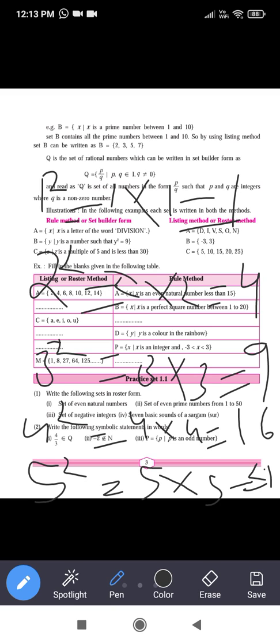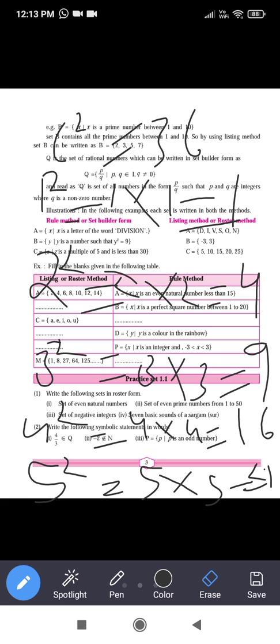Square of 6 is equal to 36. So 1, 4, 9, 16, 25 and 36. After that 49, 64, 81, 100, these are perfect square numbers. 1, 2, 3, 4, 5, 6 are not perfect square numbers. Perfect square numbers are 1, 4, 9, 16, 25, 36, 49, 64, 81, 100, 121.